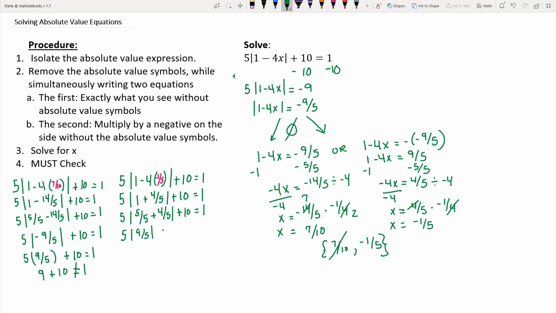And then the absolute value of 9/5 is 9/5. So 5 times 9/5 plus 10 equals 1. We get down to that same equation. So this is 9 plus 10, which we know does not equal 1. So negative 1/5 does not work. And so again, neither of our solutions check out. So we would say that the empty set is the solution overall.